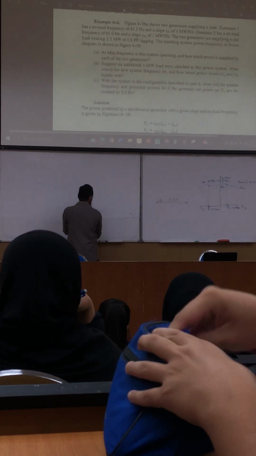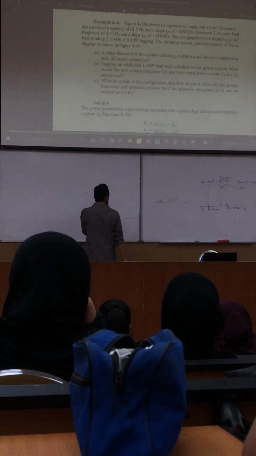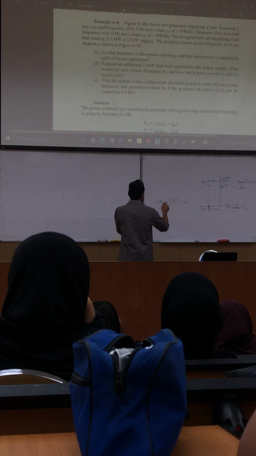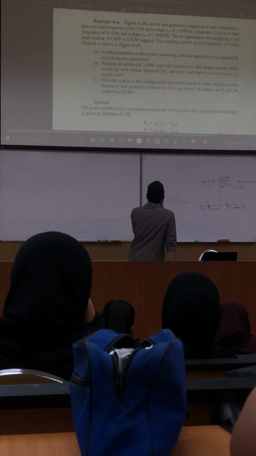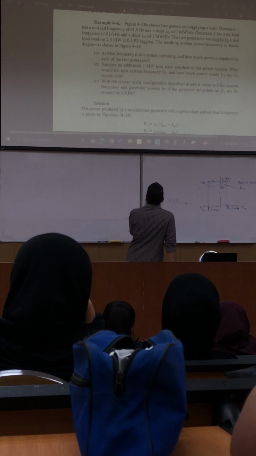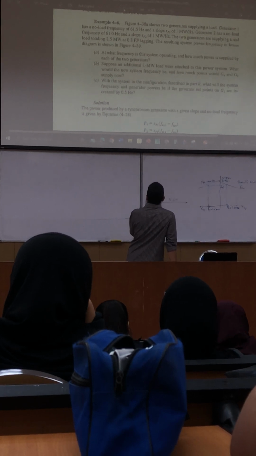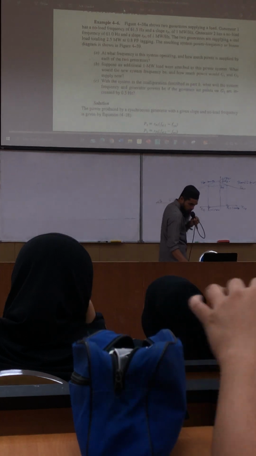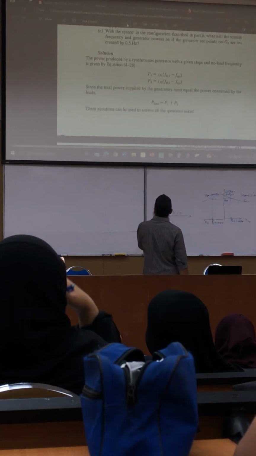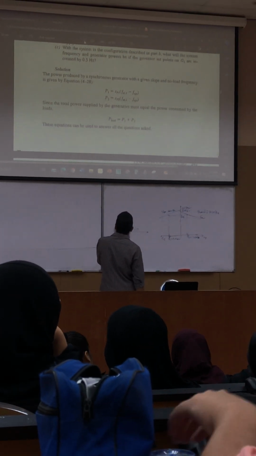So formula untuk dia punya generator ni tak banyak pun, based on how much the slope ataupun speed droop of your generator, then you can get how much actually your generator is sharing. So kalau tengok dia punya contoh saya ni, so this is the portion of sharing by P1 and P2.